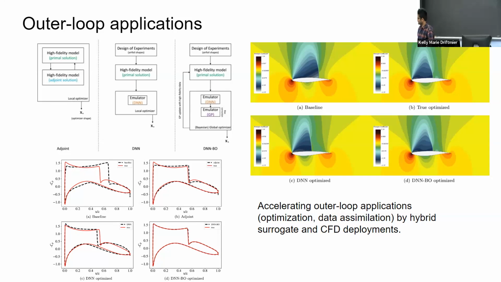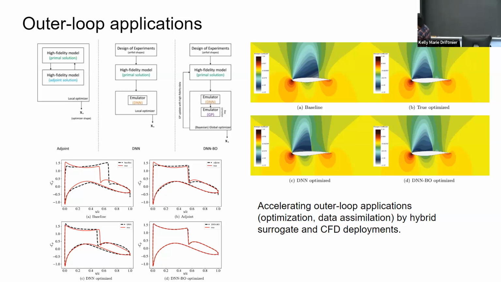Not always, but it's not a bad approximation. So one of the things that we like to do, once these methods are constructed, is then use them in outer loop applications, right? So what outer loop applications do people generally look at? These are things like optimization, control, query of designs, many things.